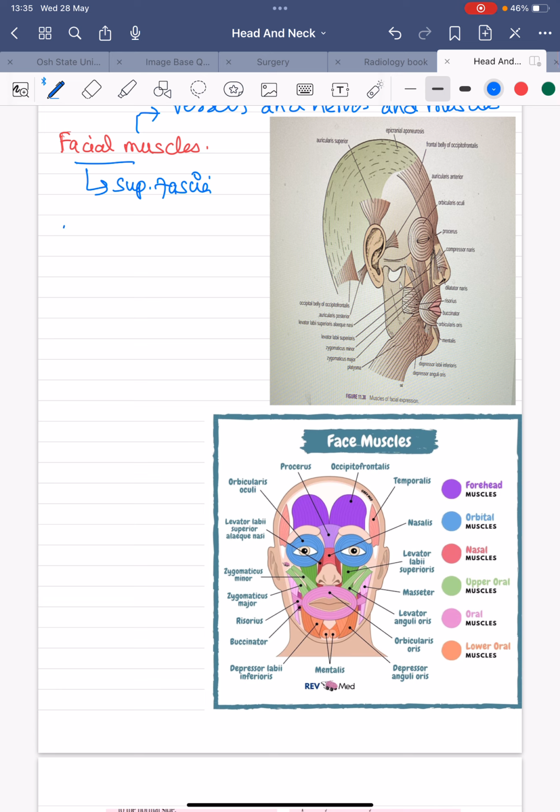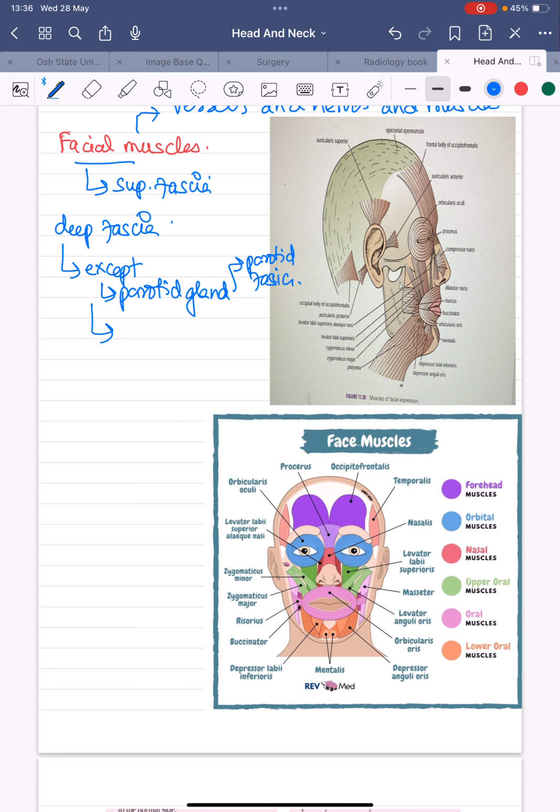Deep fascia is absent on the face, but there are two places where deep fascia is present. One is the parotid gland, which is covered by the parotid fascia, the deep fascia of the face.